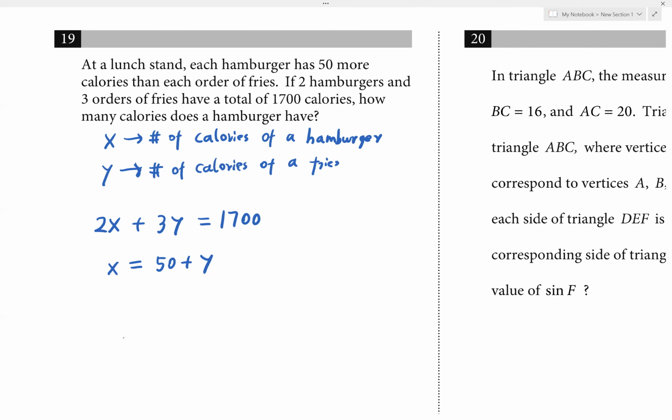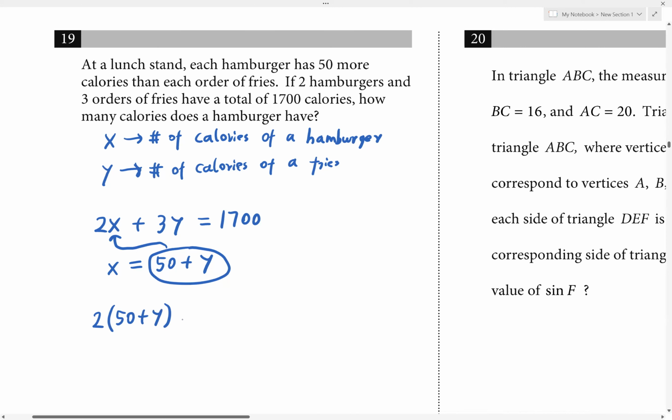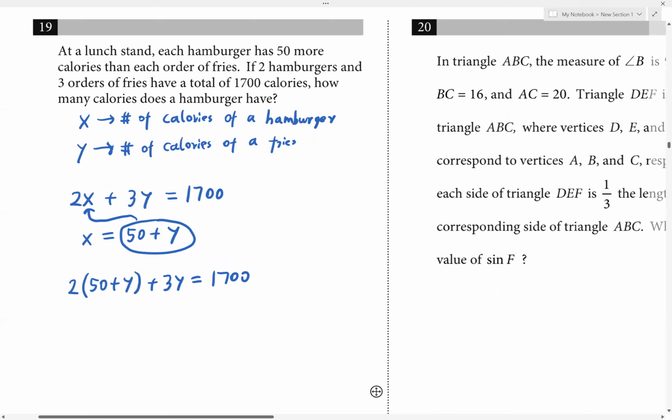We can substitute it where x is in the first equation, because we know x is equal to 50 plus y. Now the first equation is 2 times (50 plus y) plus 3y equals 1,700.